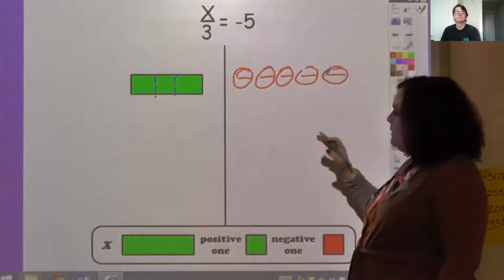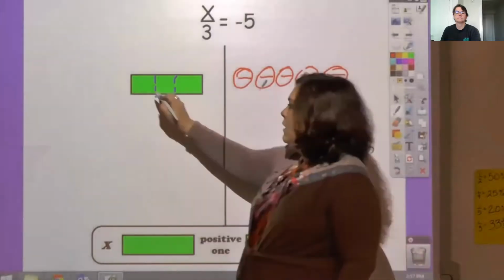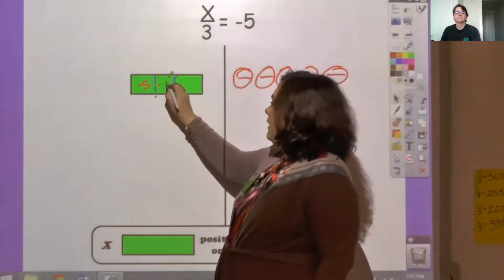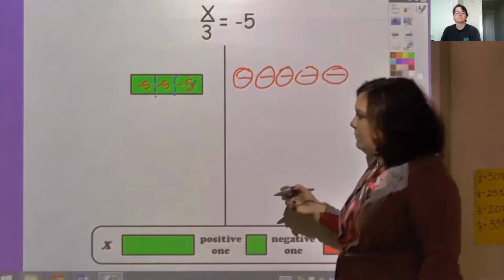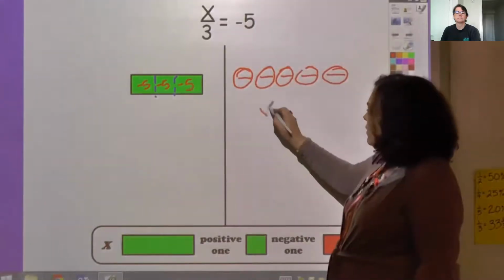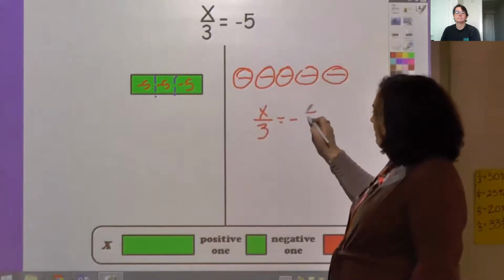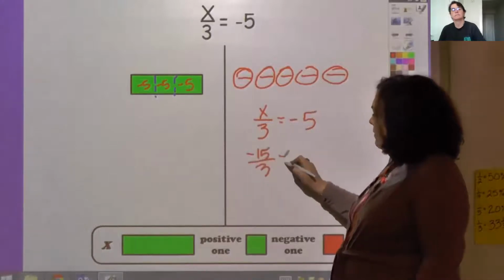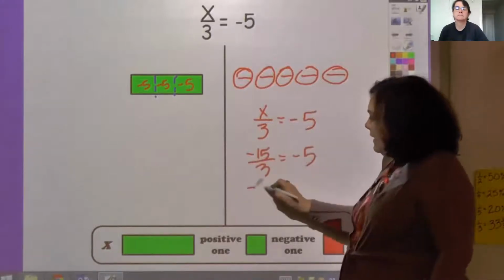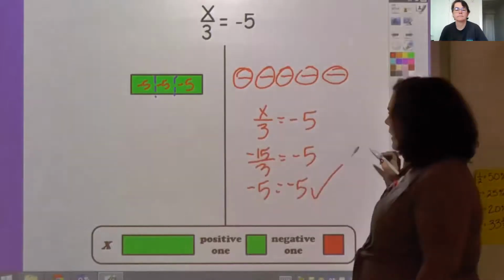Okay? So this is saying negative 5 goes in each one of these. So that's negative 5, negative 5, negative 5. And so, of course, that adds up to negative 15. So let's try it out and see. X divided by 3 equals negative 5. Negative 15 divided by 3 equals negative 5. Yes, negative 5 equals negative 5. So that checks.